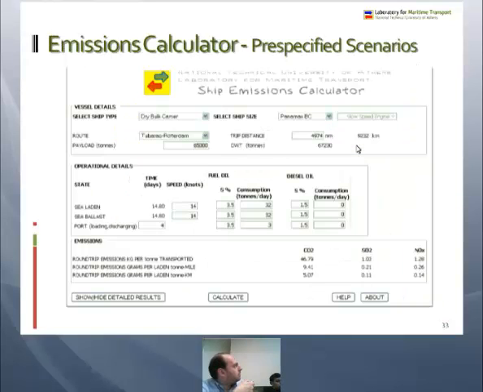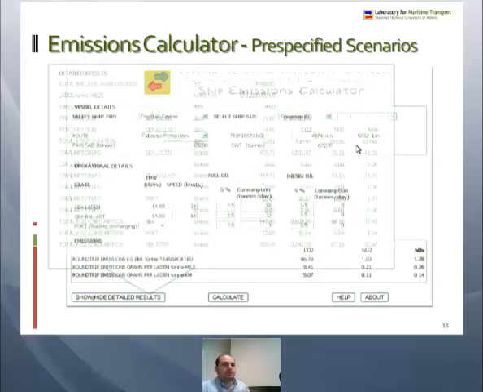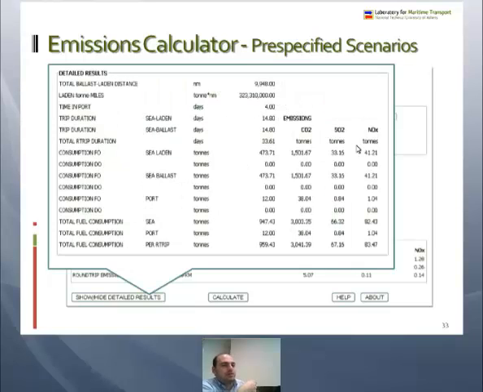You can use this mode with the predefined vessels, or you can actually enter, as I said, your own details, your own inputs, and the program will calculate and present you these detailed results as the ones you can see here, like the total consumption of fuel and diesel oil for the laden and ballast trip leg and in total, and the fuel consumption and the emissions.